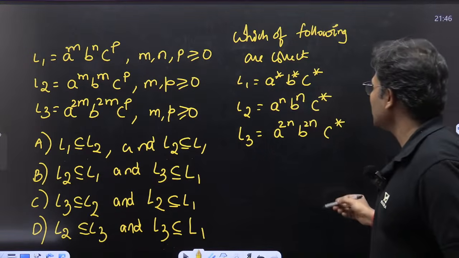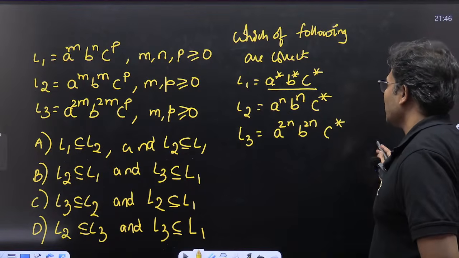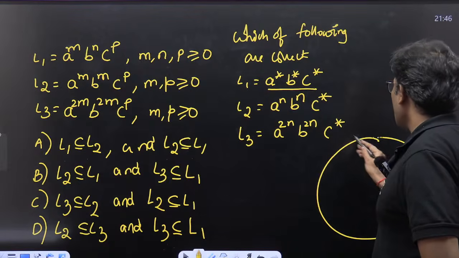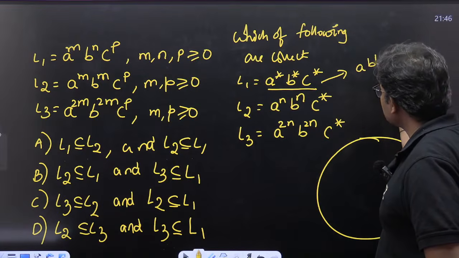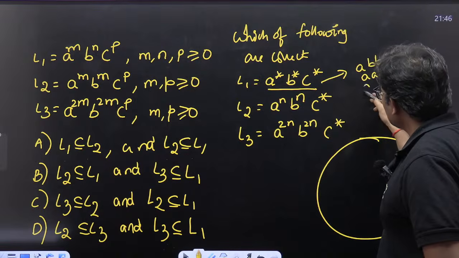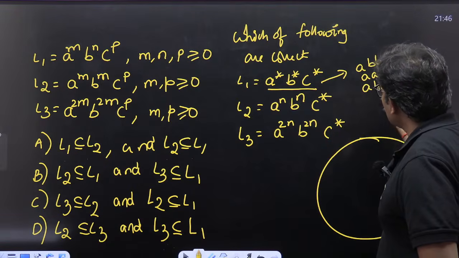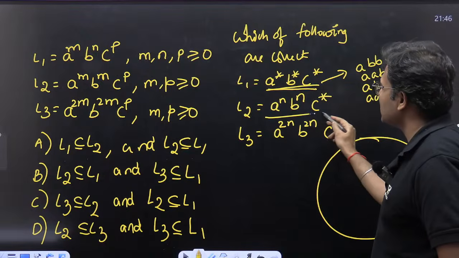So if you write it, this is a larger set. Any number of A's, B's and C's you can get, okay? Because in this one, you will get a string like ABBC or AABC, and also you will get ABC, AABBC, right? So which means this language covers this language.